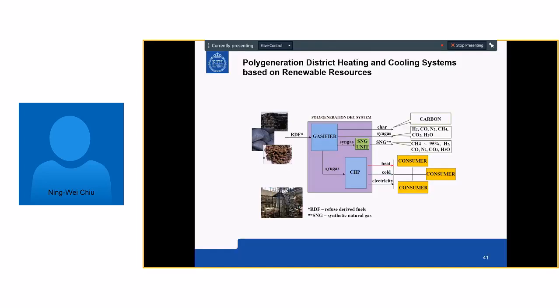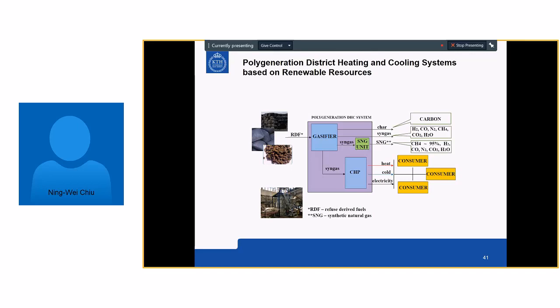Yeah. And then at the outlets, we get syngas. So syngas consists of hydrogen, methane, for instance, and then we can get synthetic natural gas, where most of it is CH4.